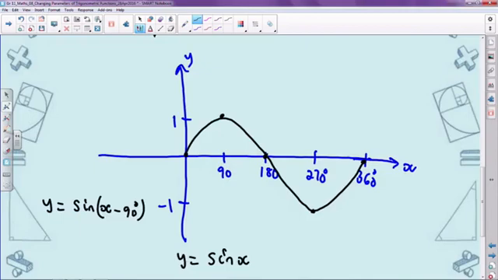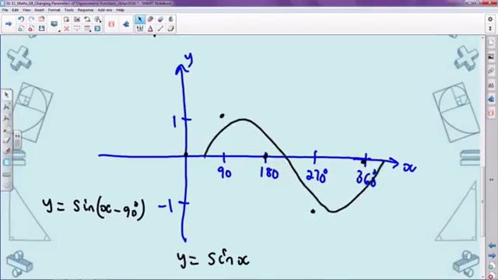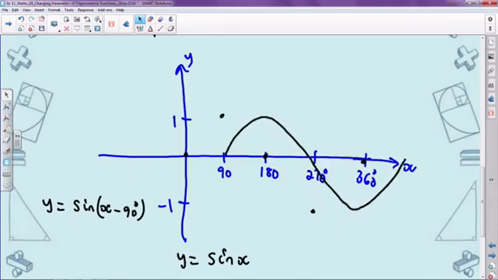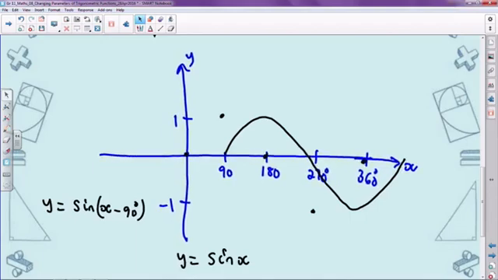Okay, now your graph should look like this. Okay, so it's going to look like that. So it has moved 90 units to the right.